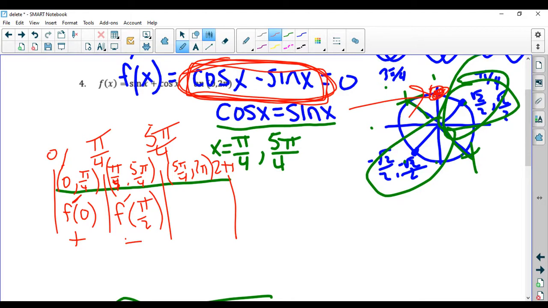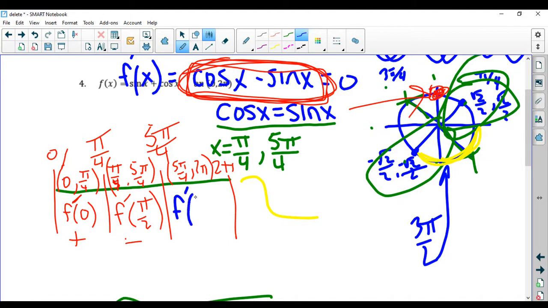Finally, on this last interval, 5 pi over 4 to 2 pi, I'm going to use 3 pi over 2, just because it's easy. If you plug 3 pi over 2 into this derivative, the cosine of 3 pi over 2 is 0. The sine of 3 pi over 2 is negative 1. So you have 0 minus a negative 1, which is a positive 1.